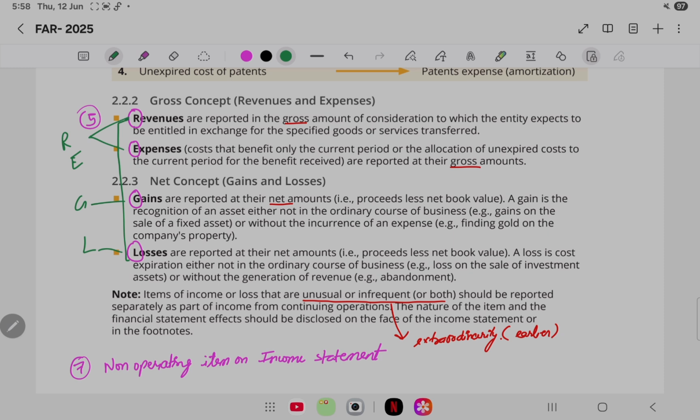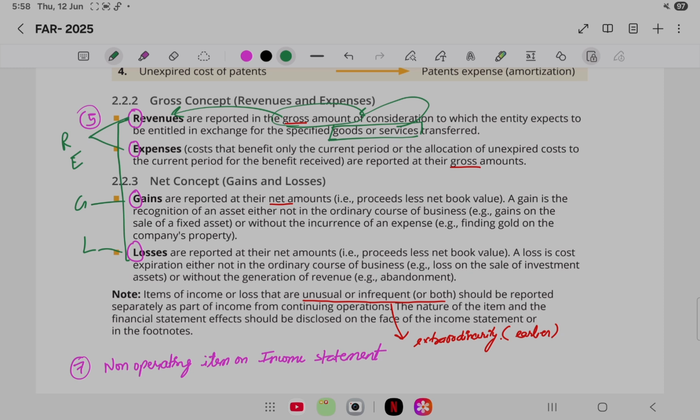Basically, whenever we transfer some goods or services to customers, in return we get some amount, and that is called revenue. If we sell some inventory in our business and get money in exchange for it, that money is called revenue.